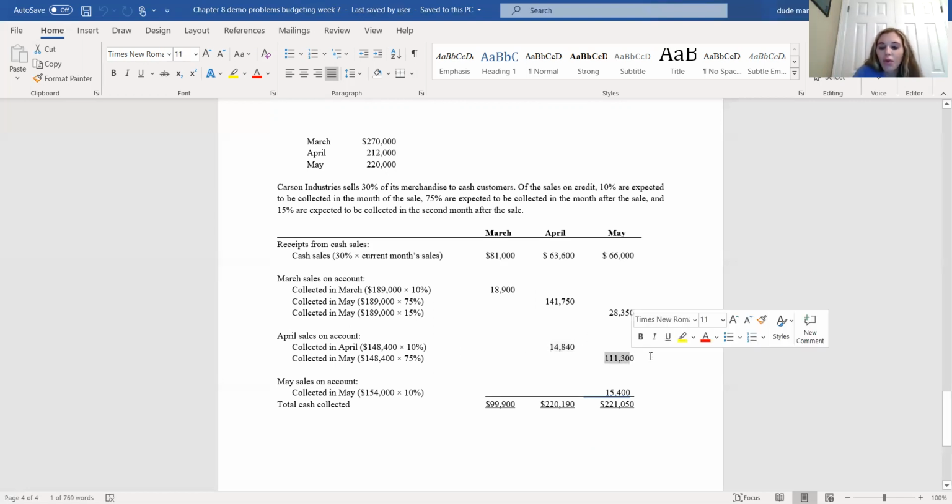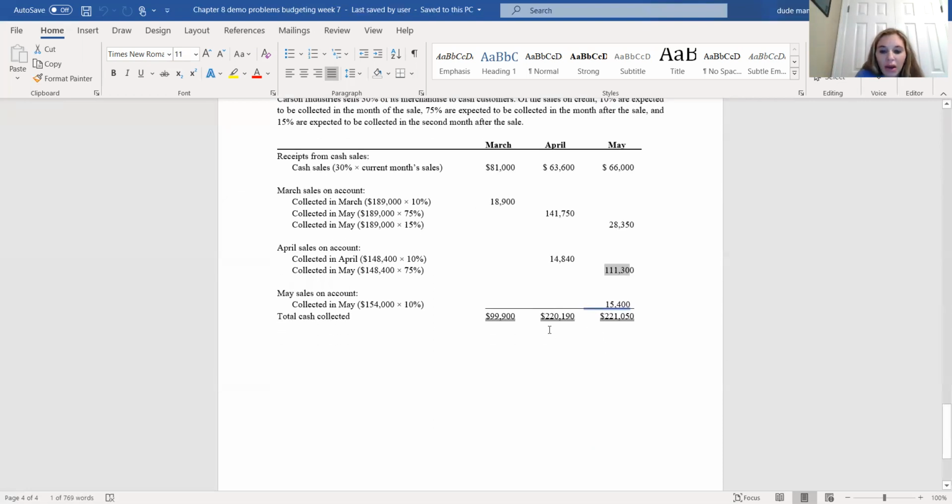We aren't going to show the following month where we would collect the additional 15%. But you kind of see the trend here. You just follow the same protocol for every month. Now, May sales, it's only going to show the 10% that we collect in the month of the sale. And then we would collect the 75% in June and then the 15% in July.